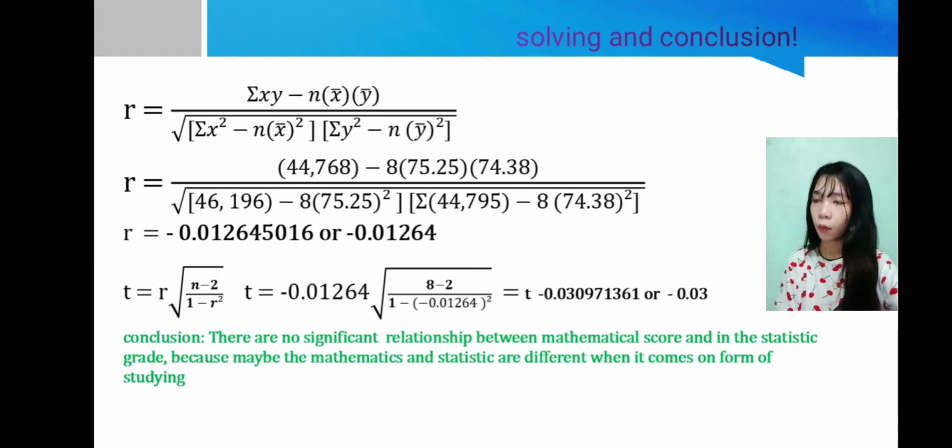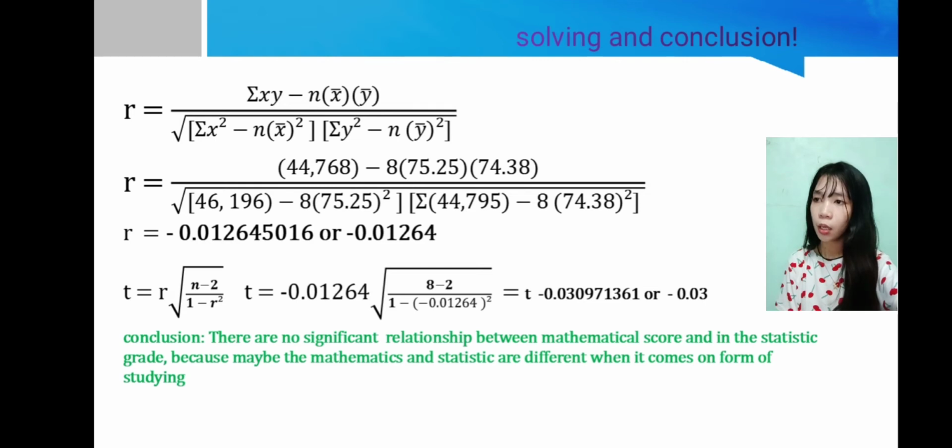R equals 44,768 minus 8, 75.25, 74.38 over 46,196 minus 8, 75.25 raised to 2, 44,795 minus 8, 74.38 raised to 2.